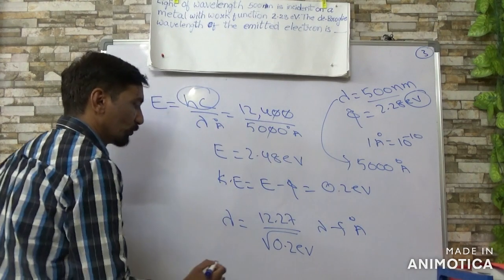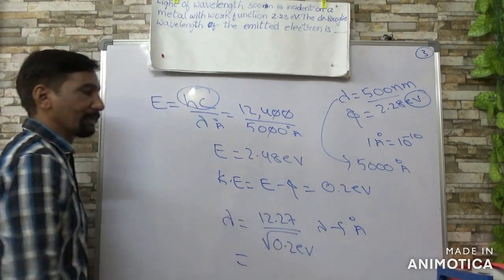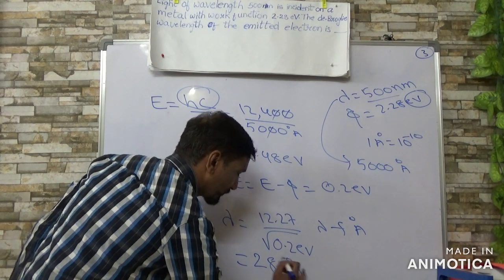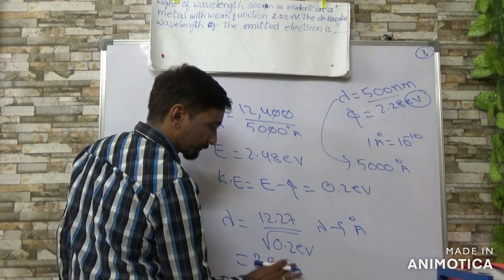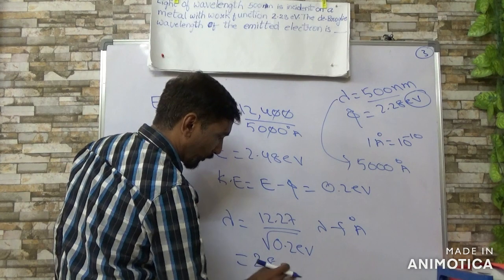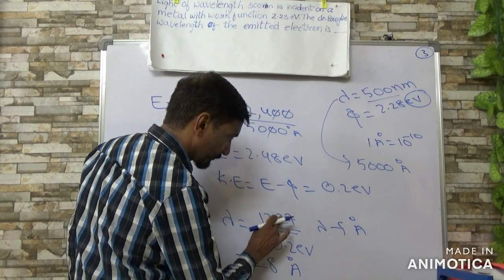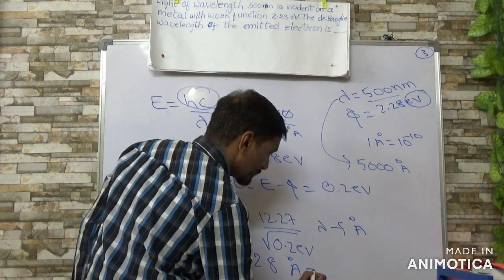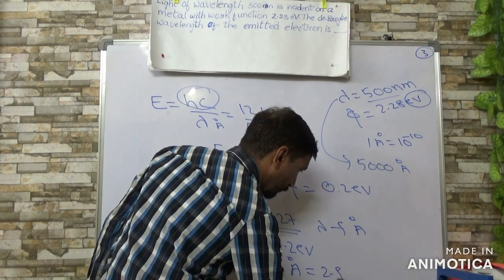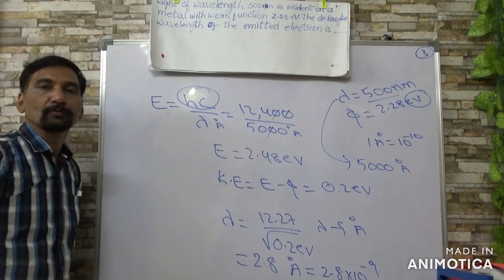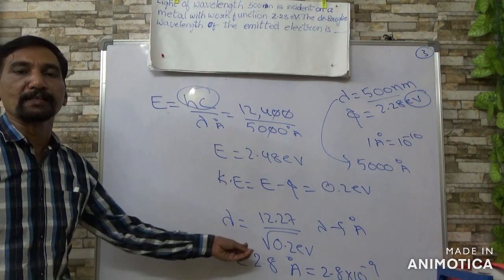So when you simplify, you get nearly around 28 angstrom. Okay, sorry, 2.8 angstrom. No, 28 angstrom only, which you can take as 2.8 times 10 power minus 9 also. Actually you get around 2.7.